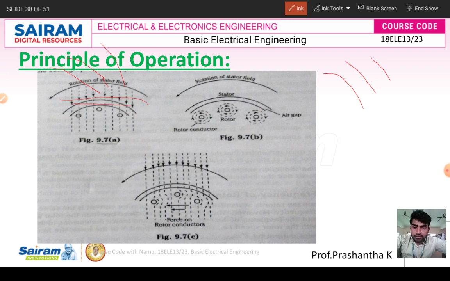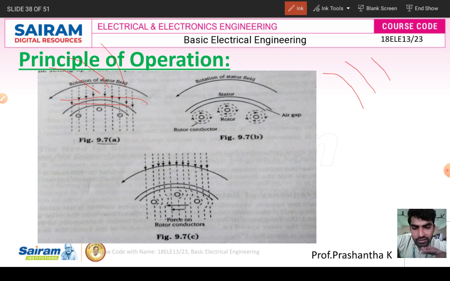When the bar conductor is present in the rotor, that bar conductor cuts the rotating magnetic field, what happens? The rotor bar conductor carries a current, and what happens? It produces a circular magnetic field. Everybody knows, right? When a conductor carries a current, it produces a circular magnetic field according to the corkscrew rule. And here there is a main magnetic field and this circular magnetic field.